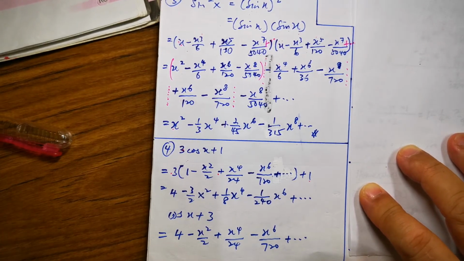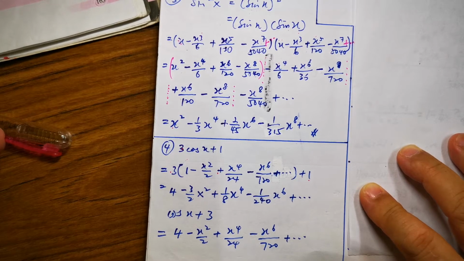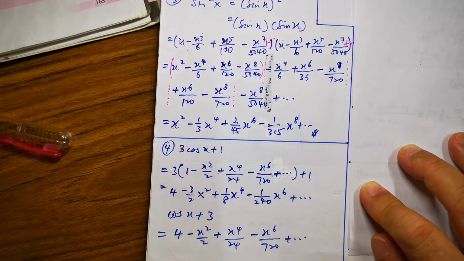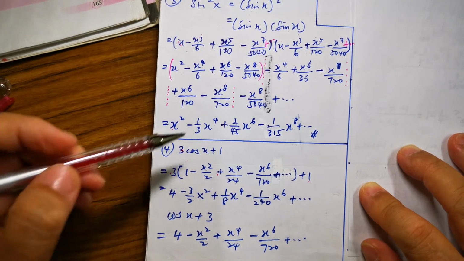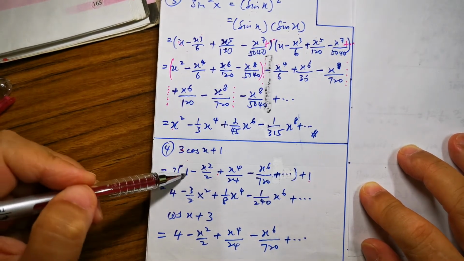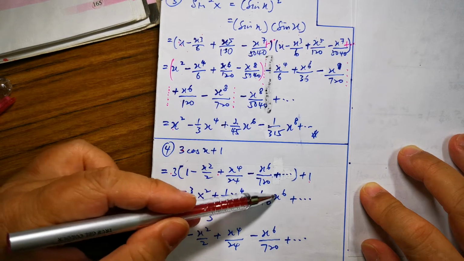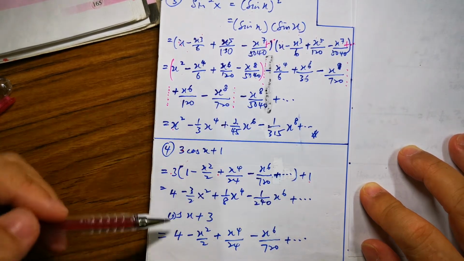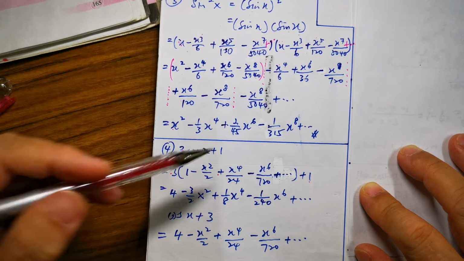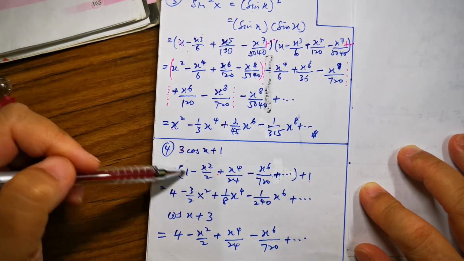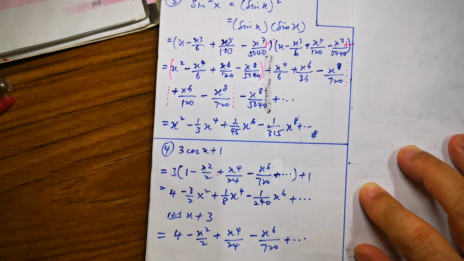Remember I said, if they never ask us where to stop, we give at least the first 4 terms, or first 4 non-zero terms. This is very simple. Multiply in the 3, then plus dot dot dot, then plus 1. That's why 3 plus 1 is 4. We'll give the first 4 non-zero terms.